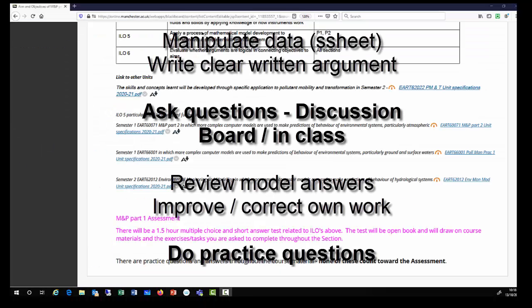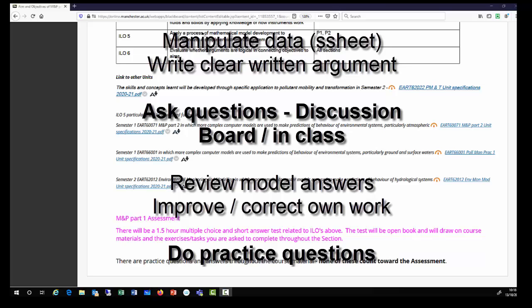It's important that you ask questions, but we'll go through every one of the exercises and show model answers so you can correct your work, and so you can take your work through to the final assessment. But the exercises as you do them don't count towards the assessment. The only thing that counts is the 1.5 hour multiple choice and short answer test at the end.